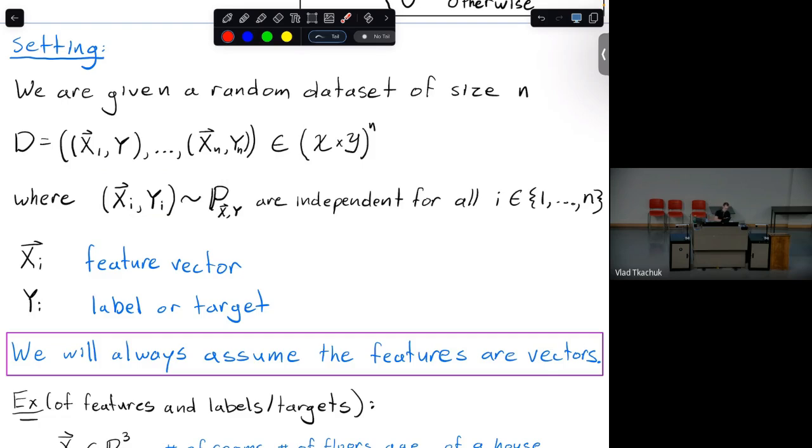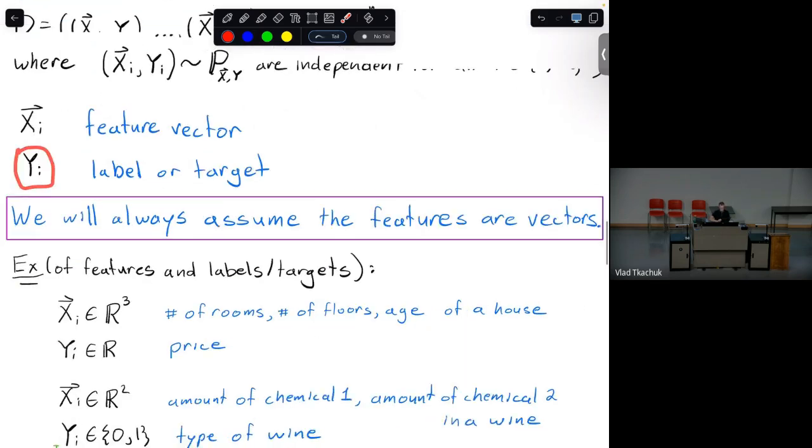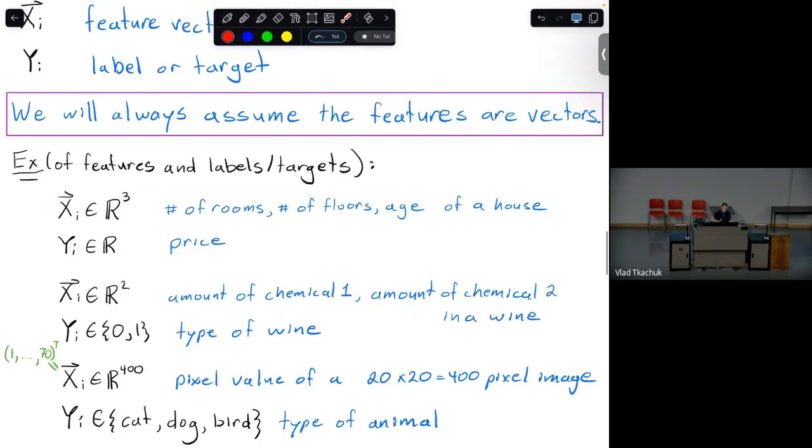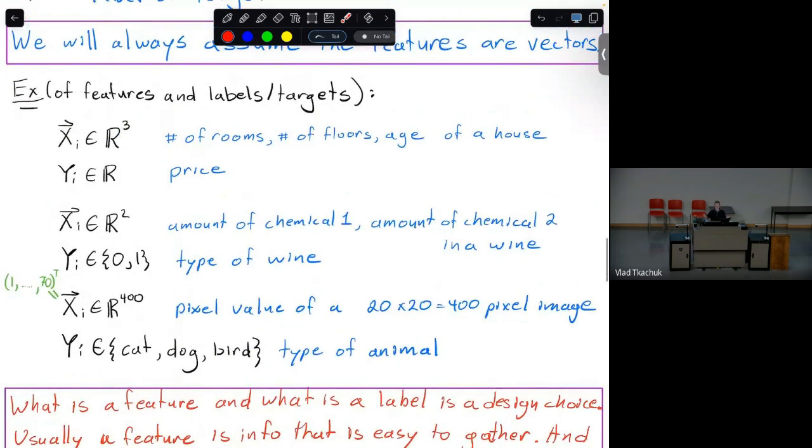Once again, the x's are features, the y's are labels. For this course, we're always going to assume that the features are vectors, so we're going to call them feature vectors. I gave some examples: in the house case, you can have a feature vector of dimension 3, representing the number of rooms, number of floors, and the age. The y is the label, the price of the house.